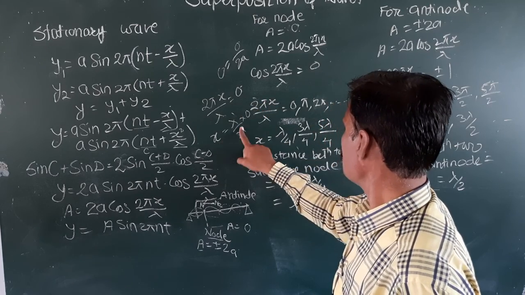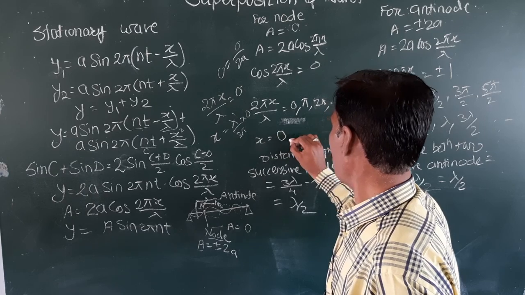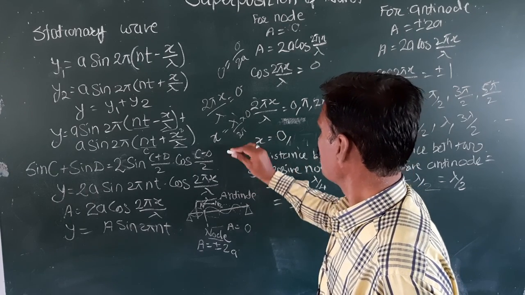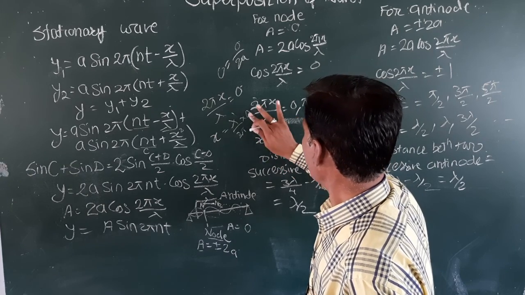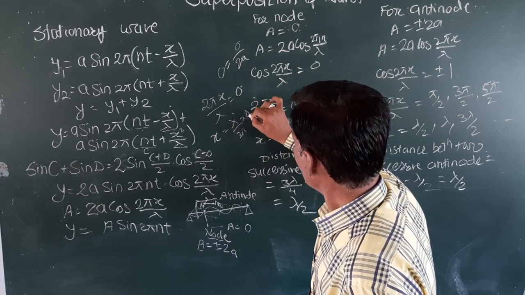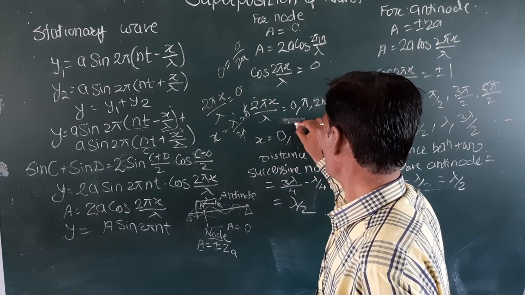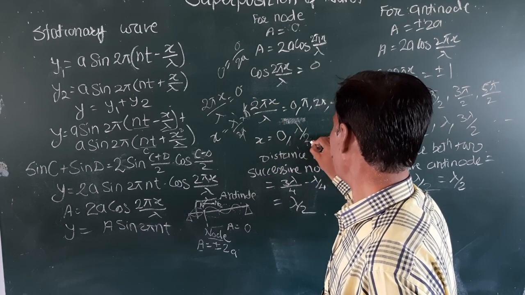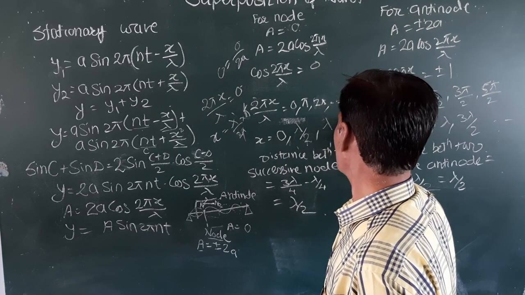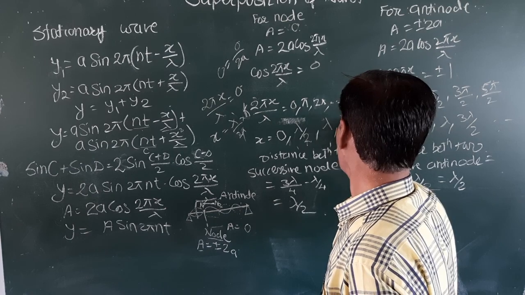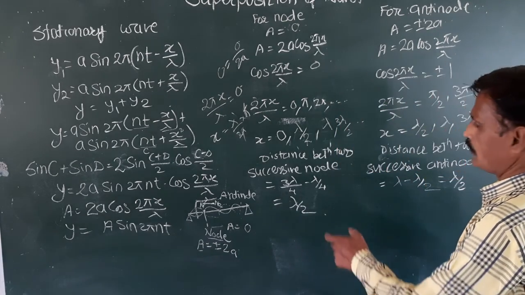So x is equal to 0. So the first node forms at distance x equal to 0. Then putting the value pi, pi gets cancelled. The second node forms at lambda by 2, the third node forms at lambda, the fourth node forms at thrice lambda by 2, and so on.